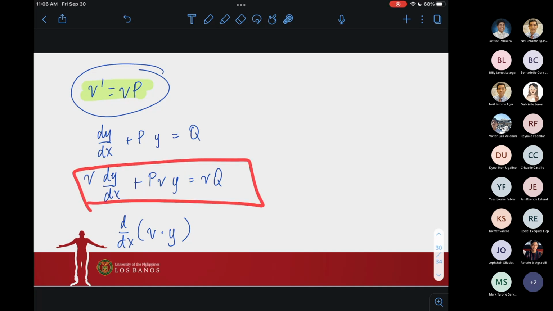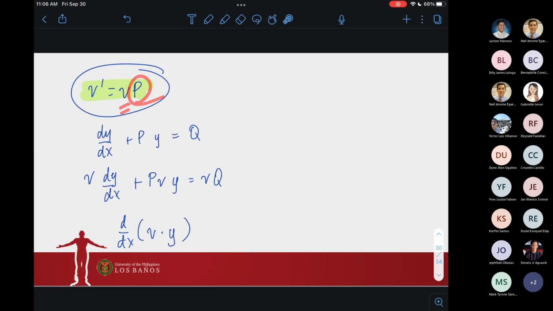Essentially, this would be fine as long as v prime equals vp. So, ang tanging criteria lang natin para sa integrating factor, dapat ang derivative ng integrating factor ay equal sa sarili niya times p. Yun lang yung condition. Pero nung sinolve natin to, ang nakuha natin si v ay e to the integral of p of x dx.